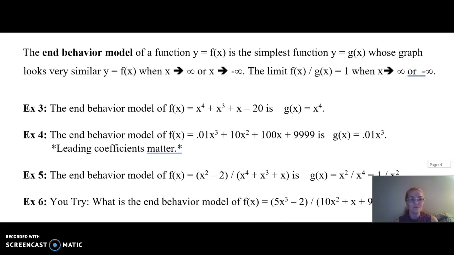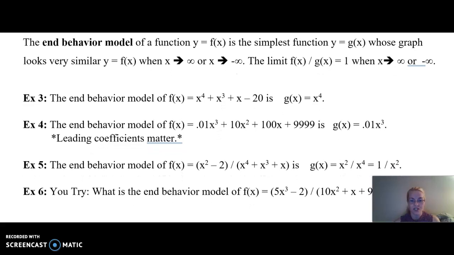So the end behavior of a function, f of x, is the simplest function, g of x, whose graph looks very similar to f of x when x runs to positive infinity or runs to negative infinity.